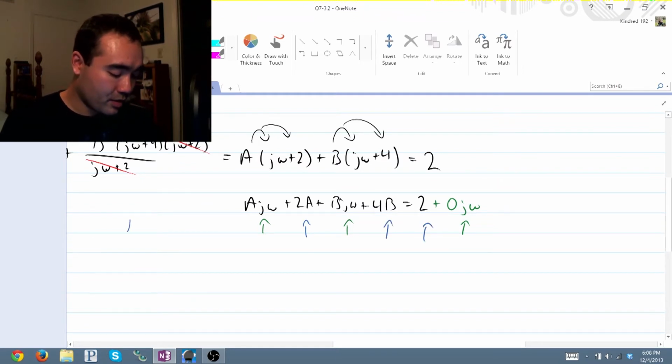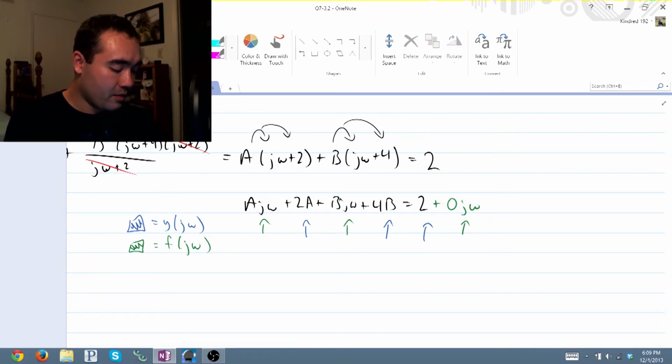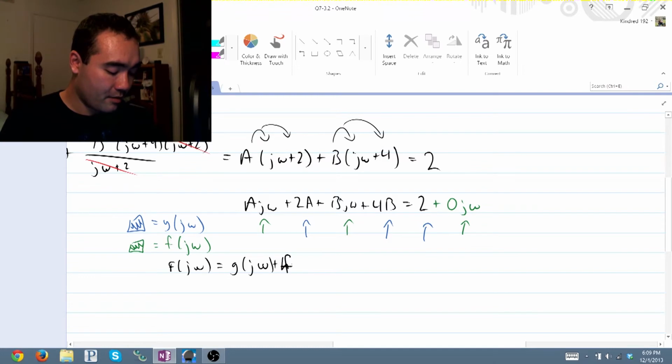So if we call everything in blue g of j omega, and everything in green, well, we're already using h, we'll call it f of j omega, then we know that the function that we want to get, capital F j omega, is equal to g plus lowercase f.